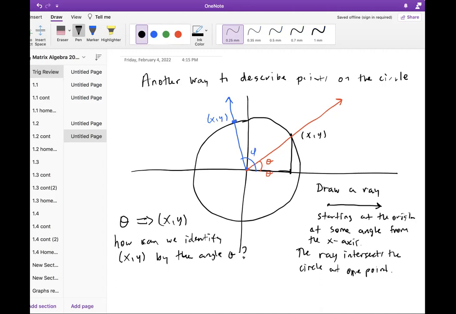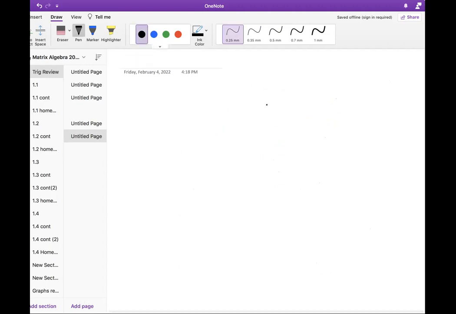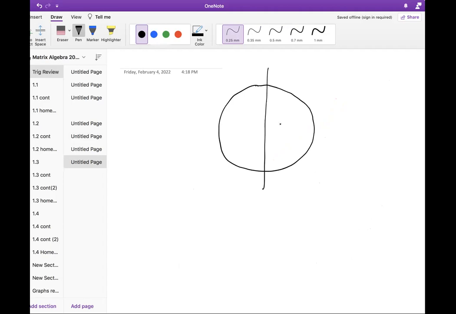Something that we do know is that as theta changes, the x and the y are changing as well.